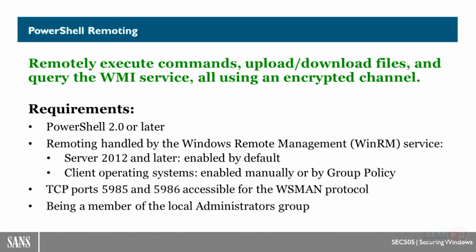Now in this case, you'll connect to port number 5986. So one strategy is to block access to port 5985 on every host-based firewall and perimeter firewall, only allow access to port 5986, and that's a way indirectly of forcing or requiring the use of a certificate and TLS encryption.